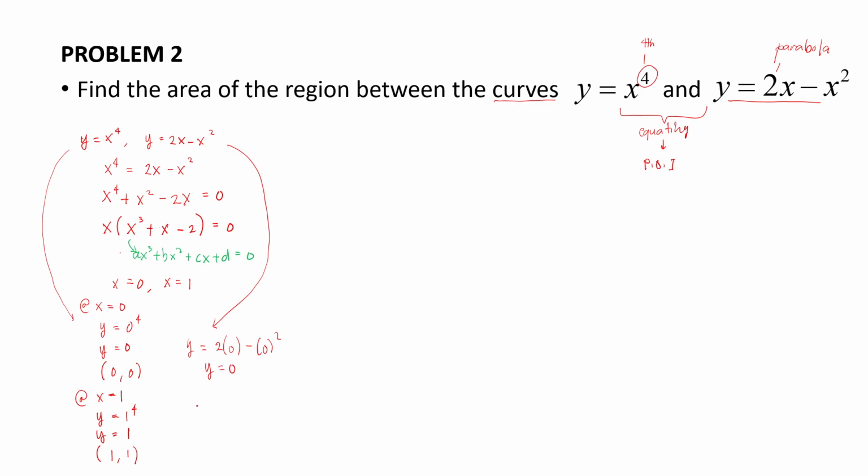And the other one is y equals 2 times 1 minus 1 squared. So 2 minus 1 will still give you a value of 1. So of course, you can use either of the two equations in determining the y points. Okay?